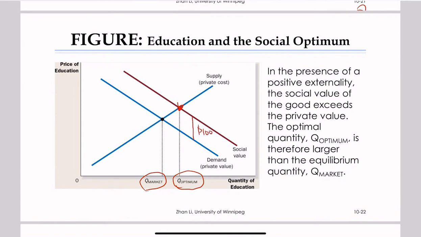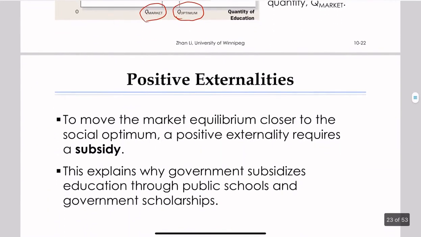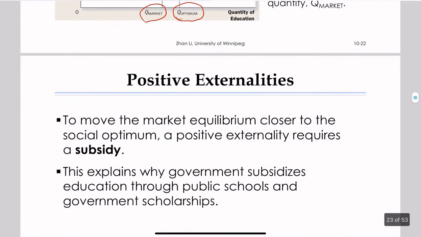Now, if you give this person $100 of subsidy, then this person's demand curve will just shift upward, right? Because of this $100 subsidy, right? So this explains why government will subsidize education through public schools and government scholarships, right?